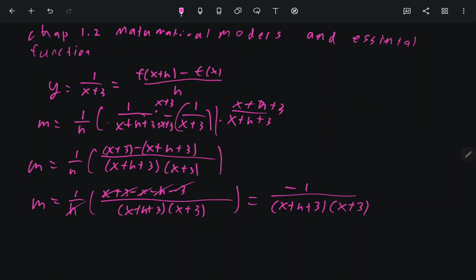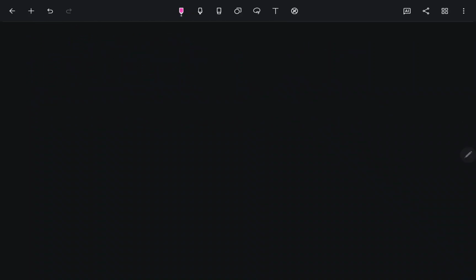So, now that we've done a small bit of review, let's talk about what is a mathematical model.